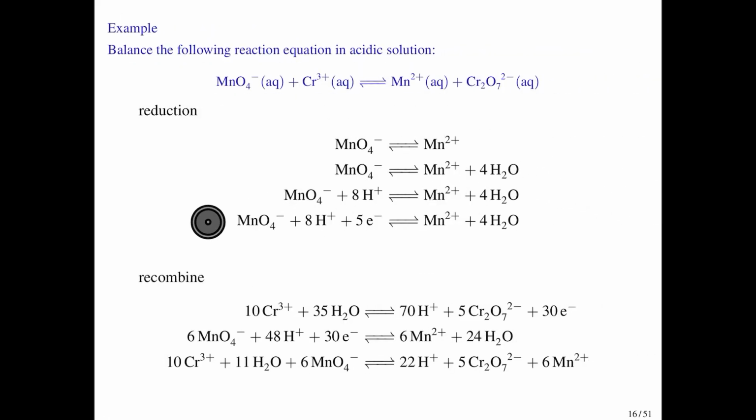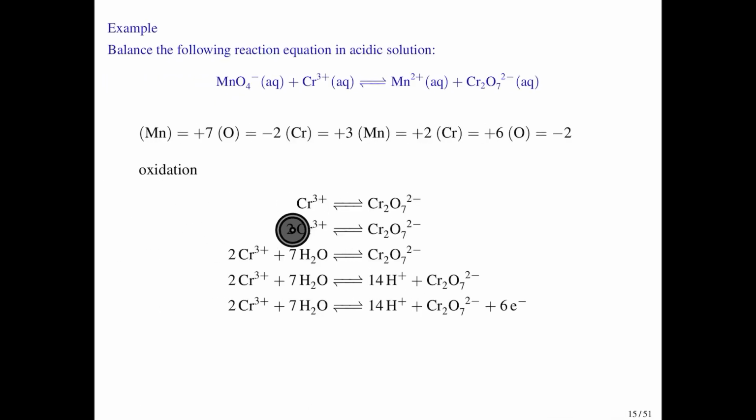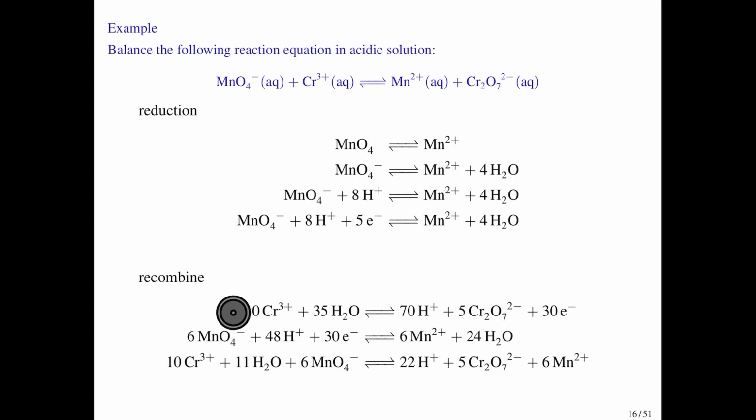You multiply this reaction by 6, and that's going to give you 30 electrons on the reactant side, and then you add them together. Okay, so that's what's been done here in this step. So I multiplied this by 6 and added it to this reaction multiplied by 5. Okay, and it gave me this reaction with these stoichiometric coefficients.